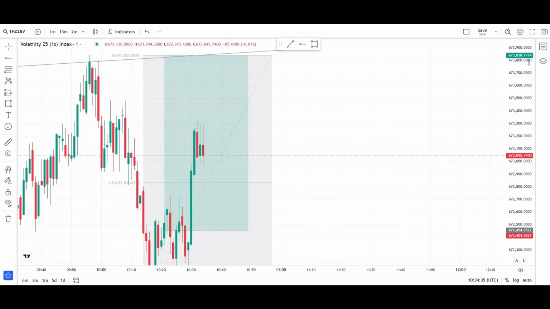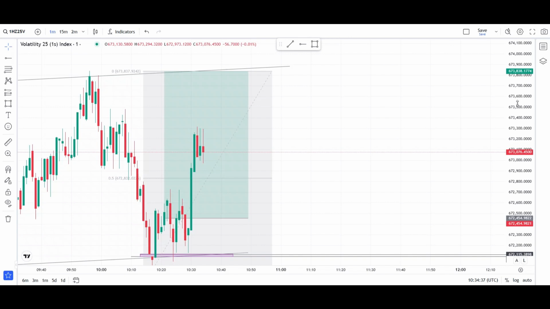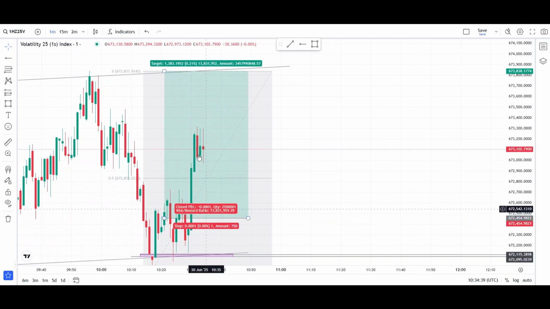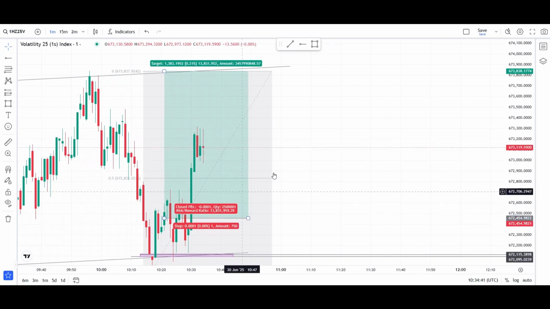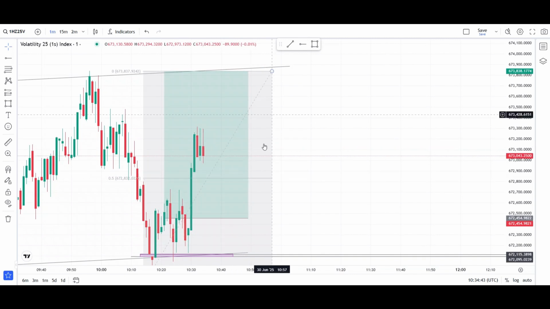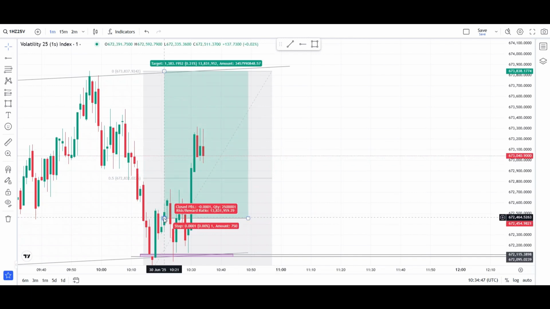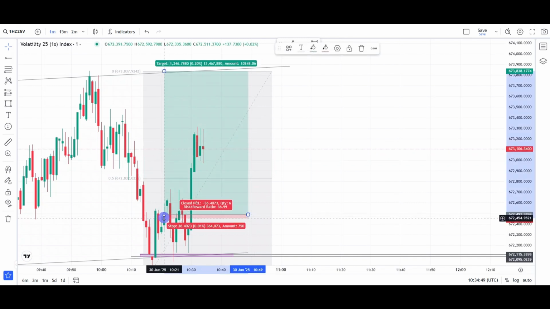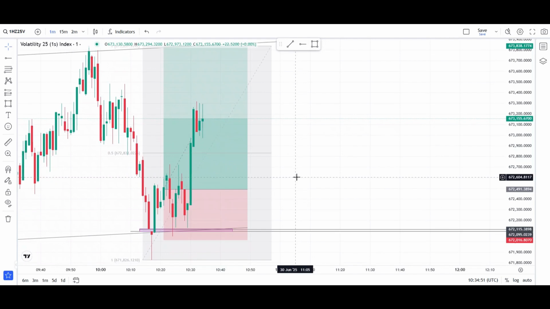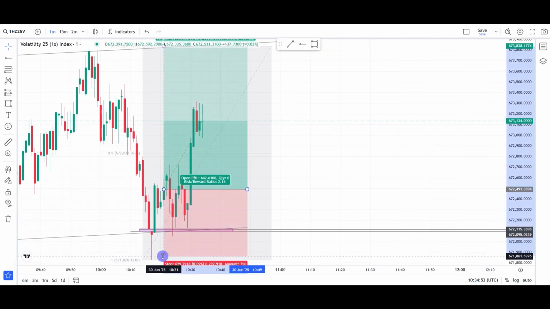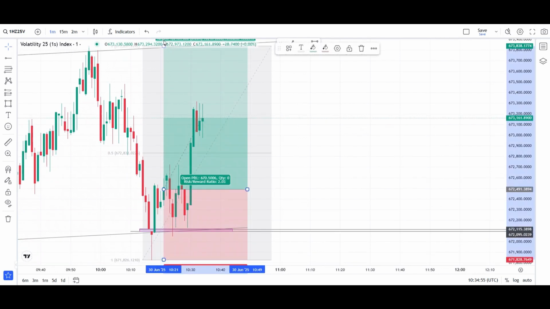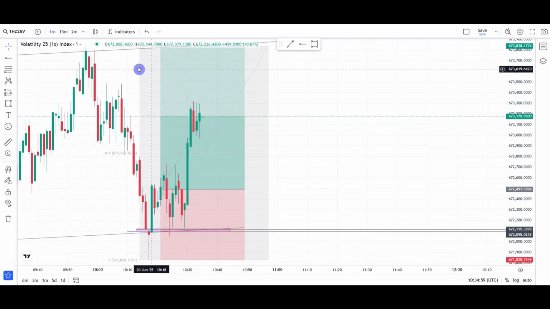So at this point, I'm not worried. I don't even care if the price just goes back and takes me out. If you feel like you wanna go out at this point, you could, because your stop loss would have been here, so around this level you would have already made a 1:1. If you're happy with that, you can just easily go out.